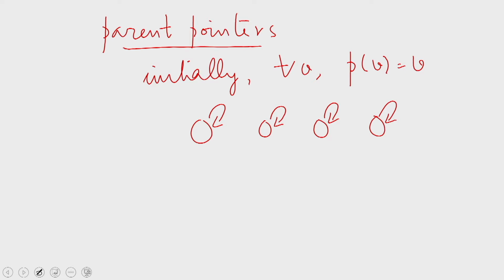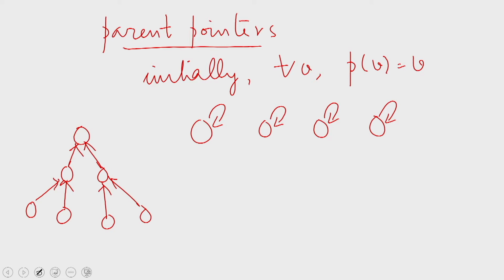But we shall show that as we go along, we will have the parent pointers defining a tree, a collection of trees, a forest in particular. Each tree of the forest will be of this form. Every node in a tree will have an out degree of 1, and all nodes other than the root will be pointing to a node other than itself. The root will be pointing to itself.